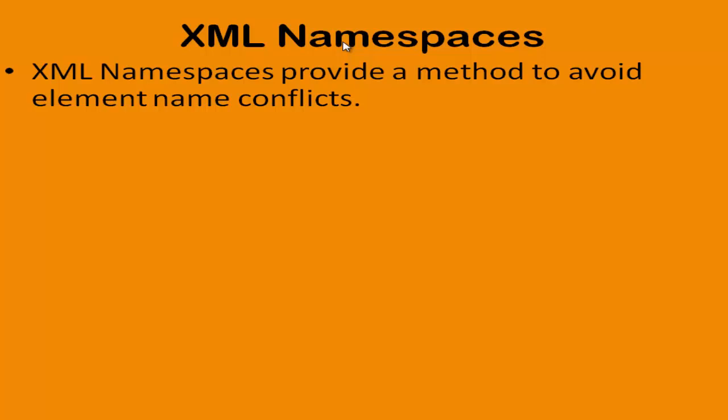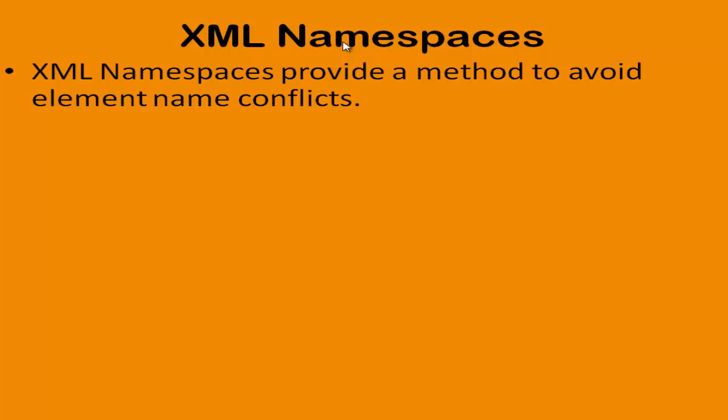You already know XML is a case sensitive language, but XML must be able to create two same tags doing two different purposes. In order to accomplish that, we use XML namespaces.